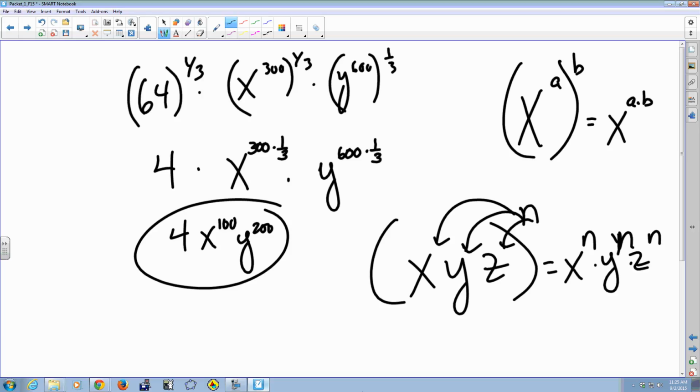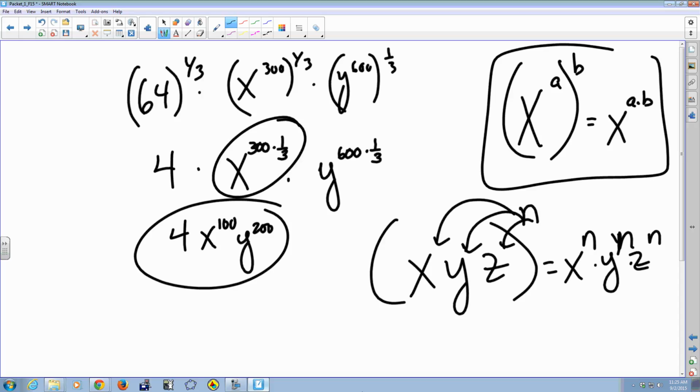That's the only time that exponent gets to apply to each part in parentheses. Then the other property you're using is this property to evaluate these two things. So you're using 2 exponent properties to simplify that. And that's often what you have to do. You often have to use combinations of exponent properties.